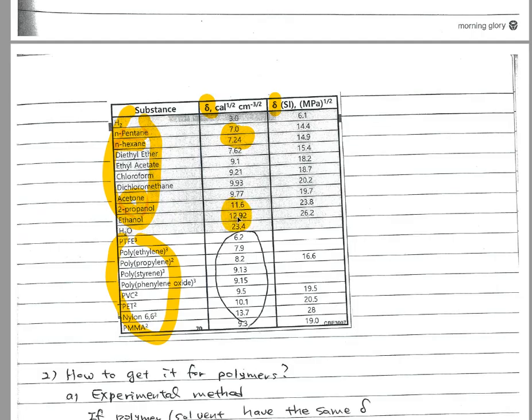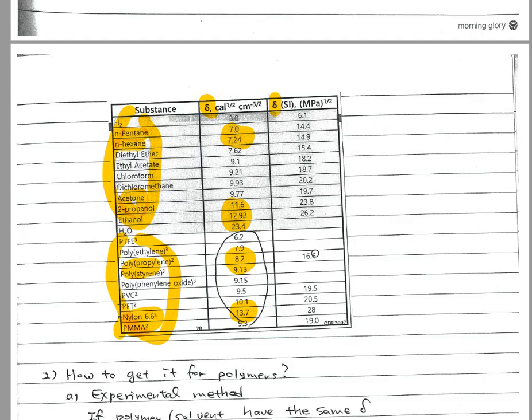It's obvious, right? Polar solvents have much higher molecular interactions. It's similar for polymers. Non-polar polymers have relatively small values of delta. Polar polymers have a little bit larger delta values.